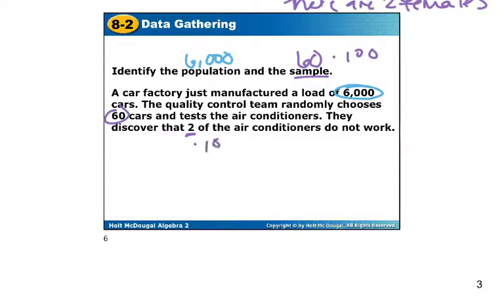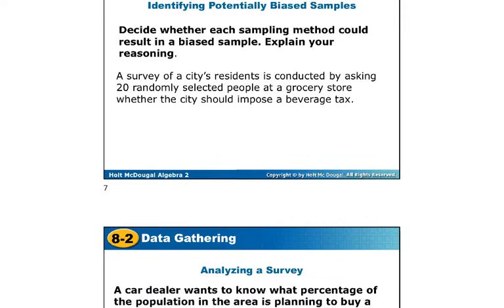If we times this value by 100, now we get something that represents the population. And so it turns out that they would expect that 200 of them have air conditioners that don't work. Wow, that is a very bad statistic. I'm just going to put 200 cars out there that don't have working air conditioners. Okay. Anyway.